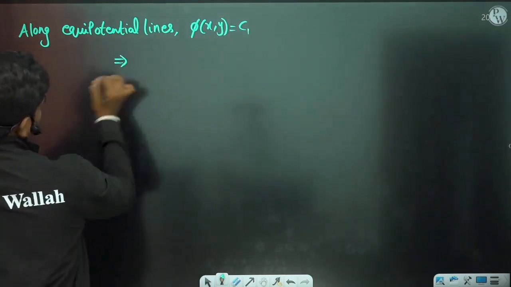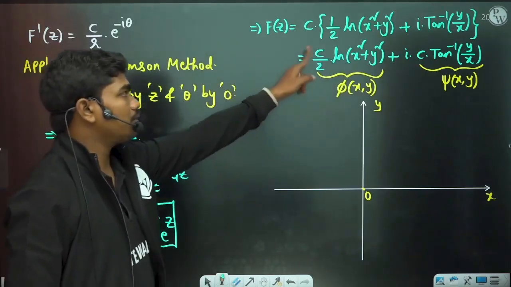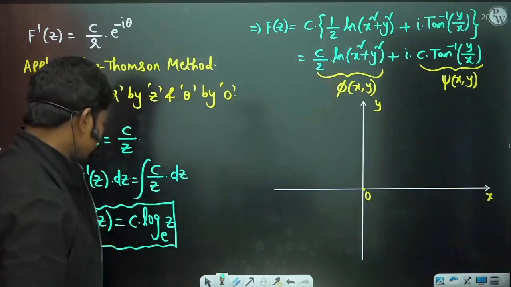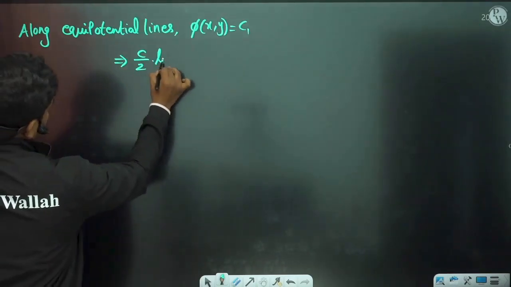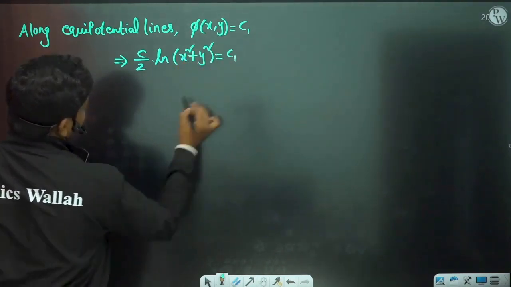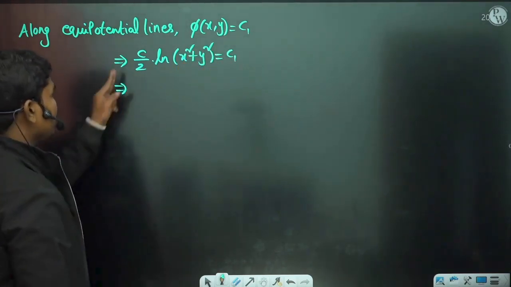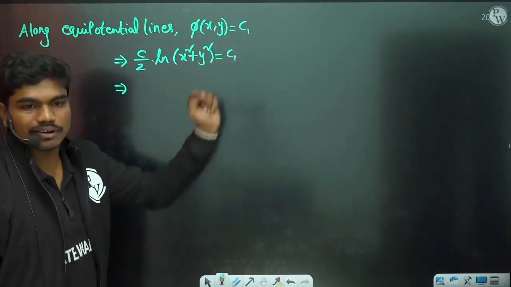So this implies, now this phi of x comma y is equal to c by 2 times ln of x square plus y square. So c by 2 times ln of x square plus y square is equal to some arbitrary constant. If I multiply by 2 and divide by c, it is still some arbitrary constant, yes or no?